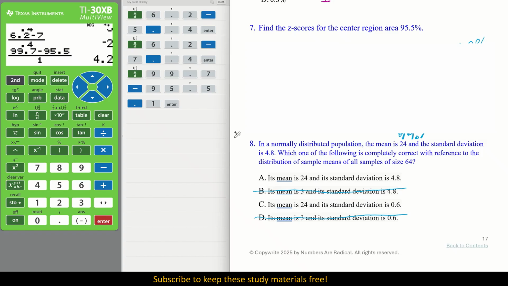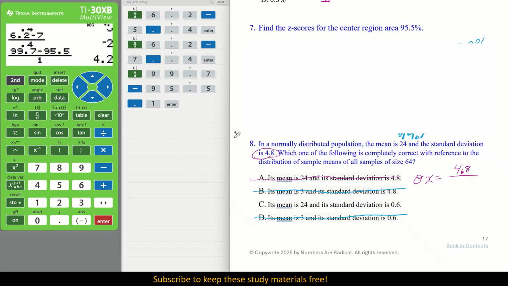You already know, this is your standard deviation that's given. You already know that A is not going to be an option. Remember, the mean is always the same. It's the standard deviation that changes. So what is it going to change to? Your sample deviation is going to equal your population standard deviation, 4.8, because we're talking about a sample situation.